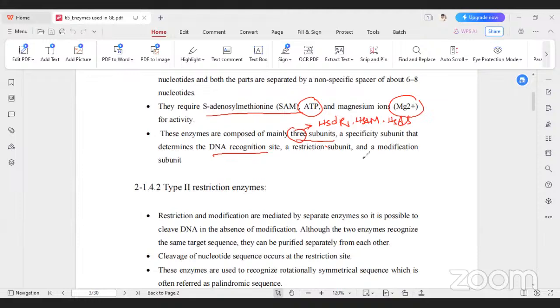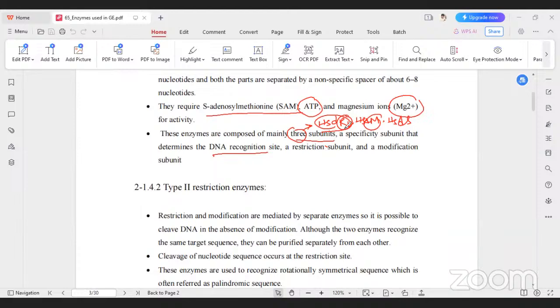HSDR, R itself, is restriction. M is methyl group modification. And S is important, specific cut recognition and also methyltransferase activity. So these are the three important subunits.